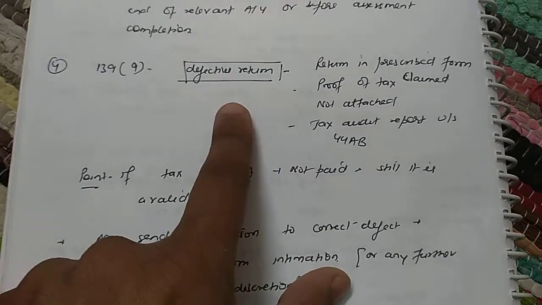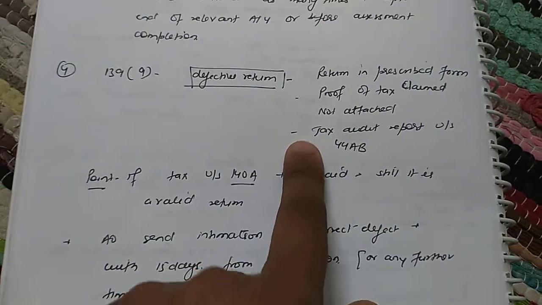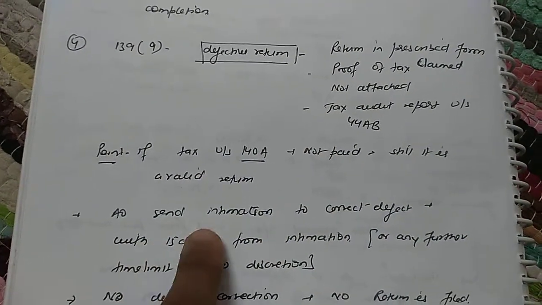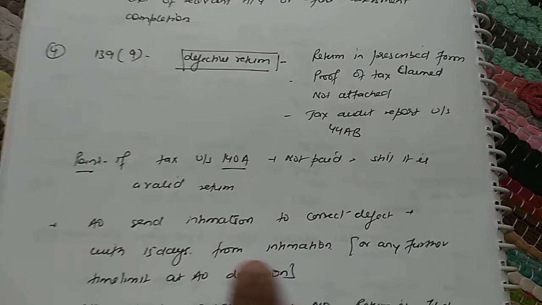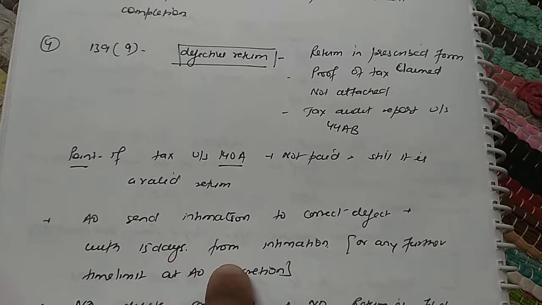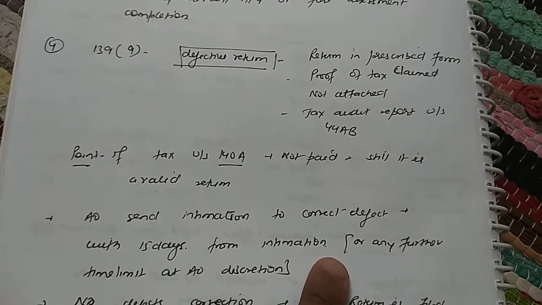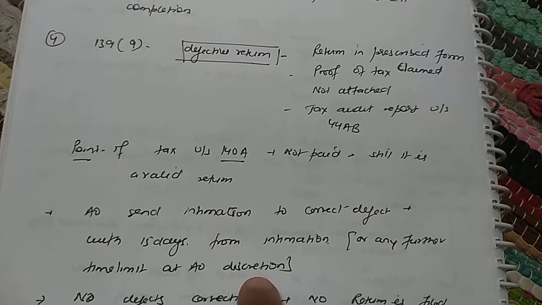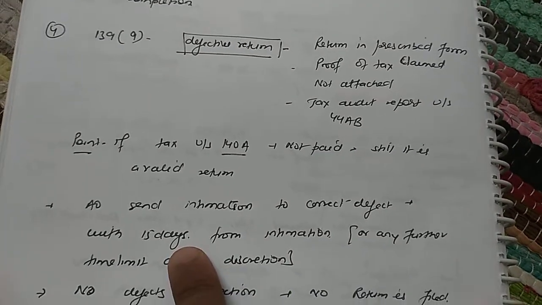If the AO finds any defect in the return due to these reasons, then the AO may send an intimation to the assessee to correct those defects, and those defects need to be corrected within 15 days from the intimation. However, in case of a genuine reason, the AO at his discretion may extend the time period from the 15 days.